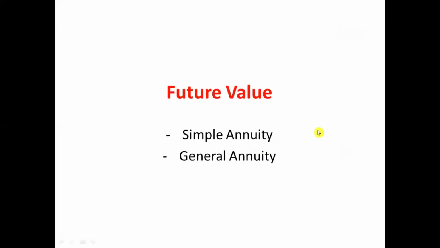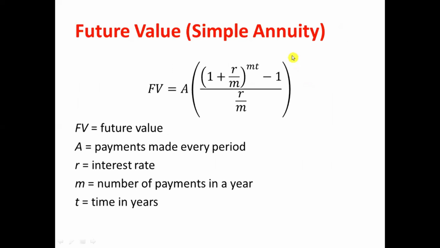Now, we will be solving for the future value of simple and general annuity. And if you're asking where's deferred annuity, later pa yan siya sa present value. So, we have here the formula. Medyo complicated, no? But like I said, always be mindful lang sa nilalagay nyo sa inyong calculator para hindi kayo magkamali sa answers nyo.